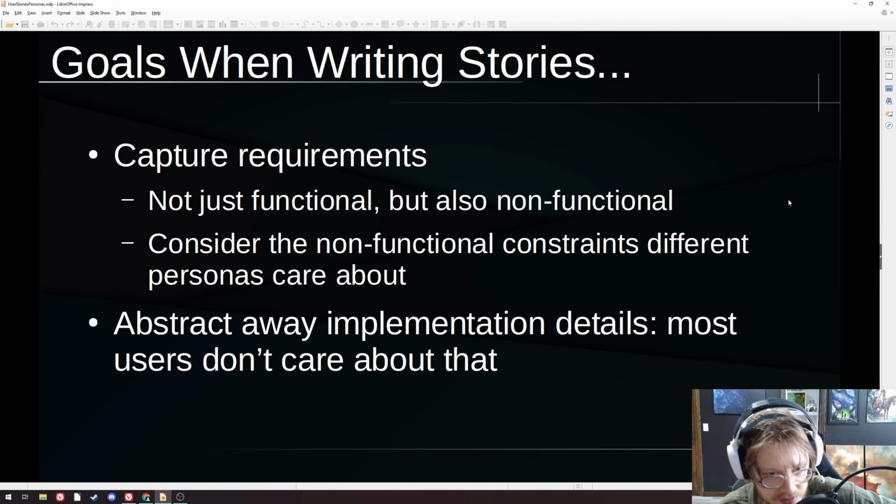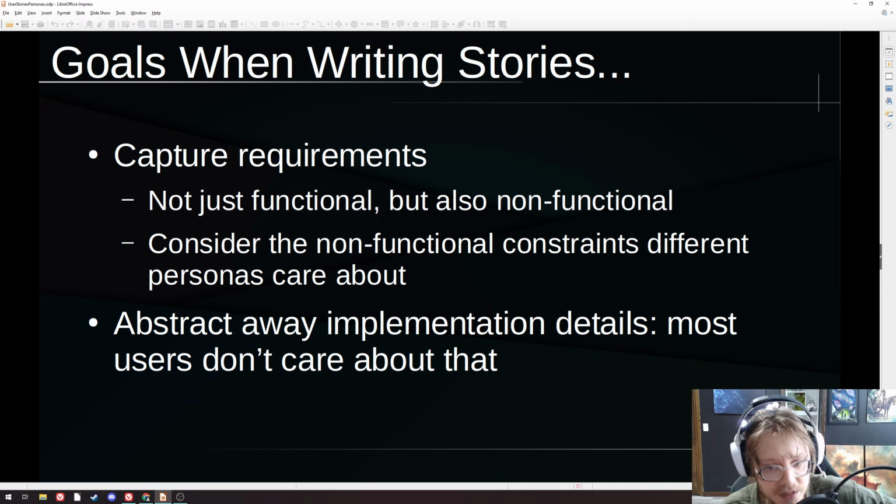So your goals when writing these user stories, first of all, you definitely want to capture requirements. The point of this is to outline requirements in a human-readable way, so you can look back over the requirements that you've written, and now you can work backwards and try to write user stories that capture those. Your task today is going to be to write user stories that capture requirements from a different team.